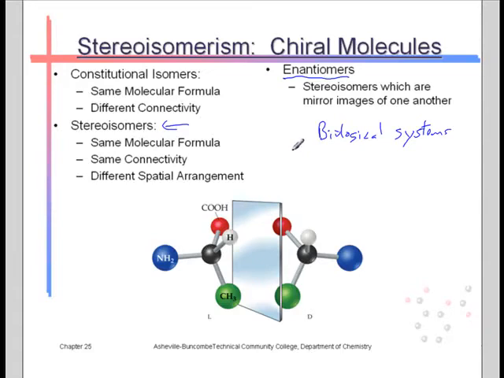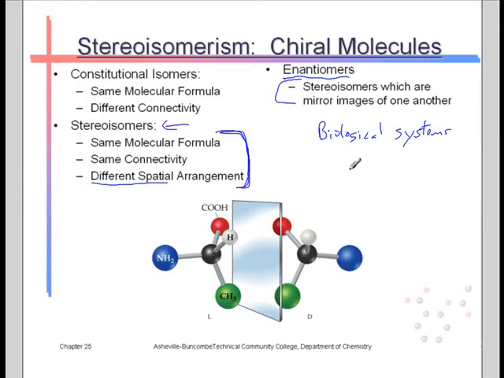The main feature for the enantiomer, well, we'll notice that I have the same set of definitions here under stereoisomers as we saw on the last slide for cis-trans isomerism. Same molecular formula, same connectivity. The different spatial arrangement is still true. The difference in the spatial arrangement here is simply that the two molecules are mirror images of one another.